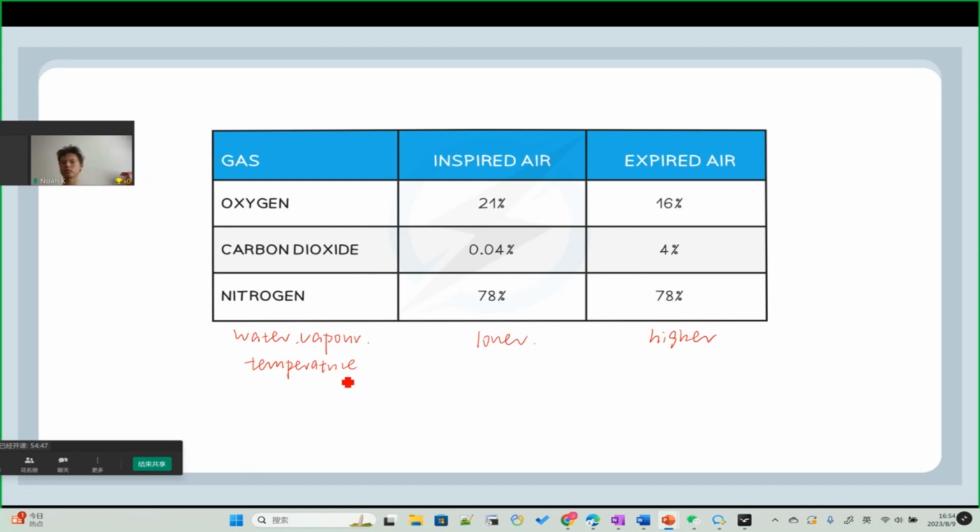So you can just put your hands in front of your nose, and when you breathe in and breathe out, you can feel the differences of the temperature. So do you think the temperature will be higher in inspired or expired? Higher in expired. Yep. So still lower and higher. And here are the 5 differences for inspired and expired air.